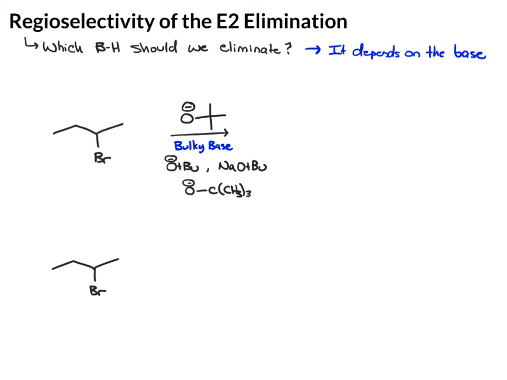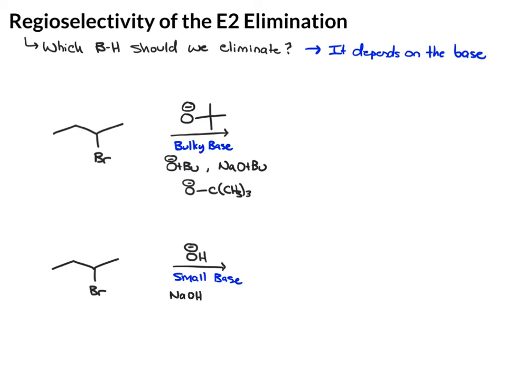In the second example, I'm just going to use hydroxide, which is a very small molecule, so that's a small base. And of course, this could be written as sodium hydroxide.